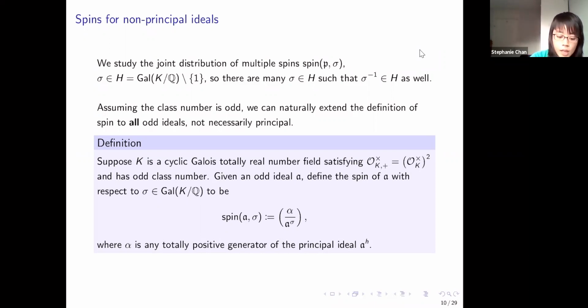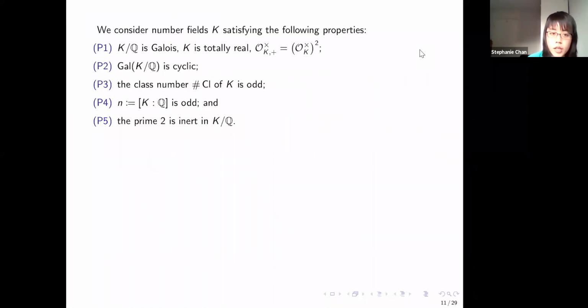Okay, so just to show you the properties of the fields we're working with. Here, P1 is assumed so that we have a well-defined spin, just as before. And P3 as well is so that we have this general definition of spins.